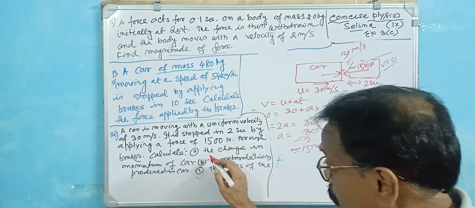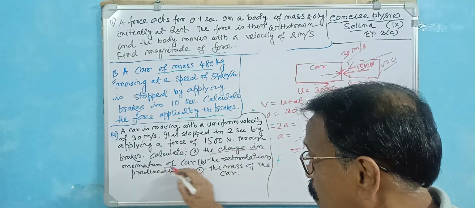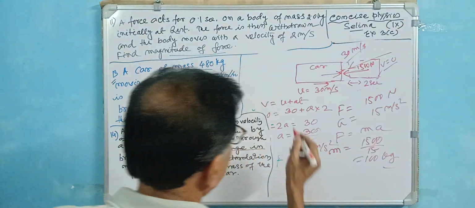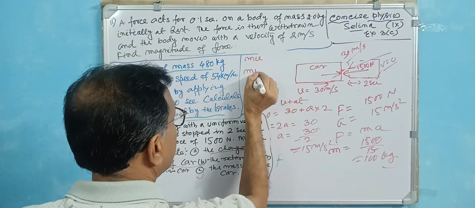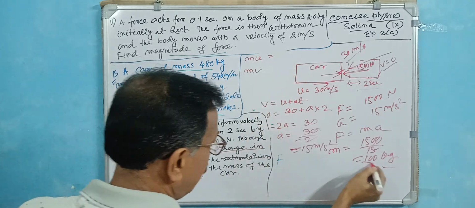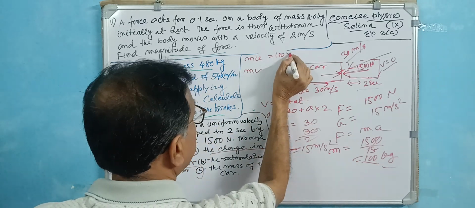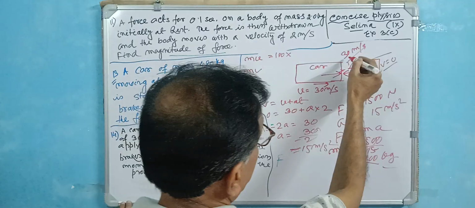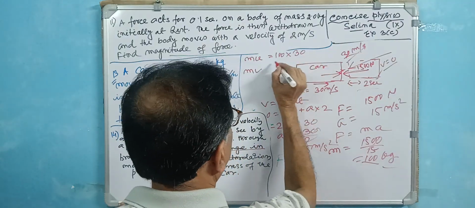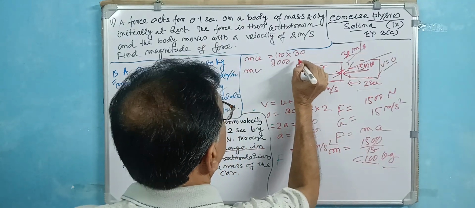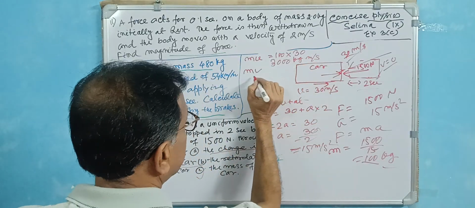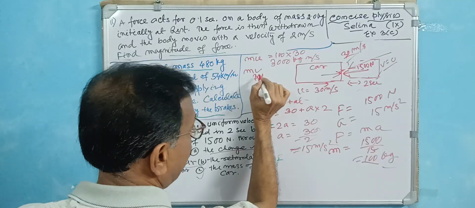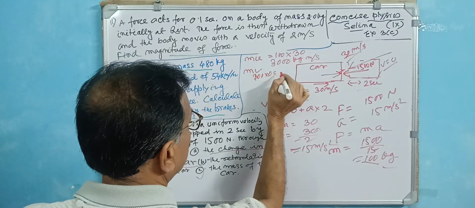Now number one, the change in momentum of the car. Change in momentum. What is the first momentum? mu. And what is the last momentum? mv. mu is, you know the mass, 100, and u is 30 meter per second. That means 3000 kg meter per second momentum. And here m is 100, but v is 0. So ultimately 0.